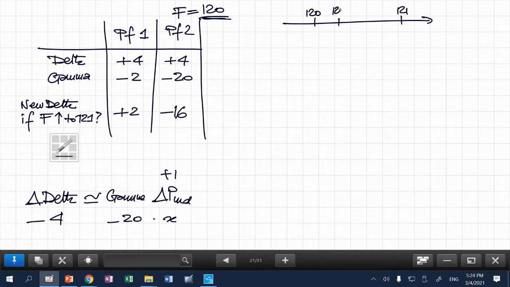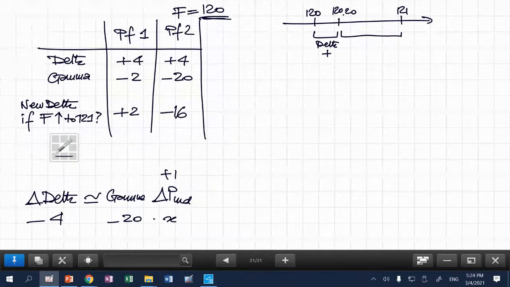This means that in the range between 120 and 120.20, you are delta positive. Over 120.20, in these 80 cents of price increase, portfolio 2 had which sign of delta? A negative delta, because from this point onwards, the sign of the delta has changed. Is that okay?